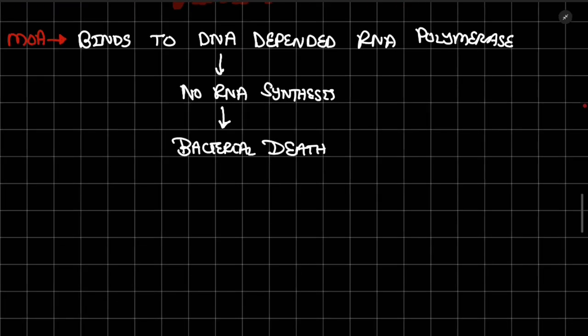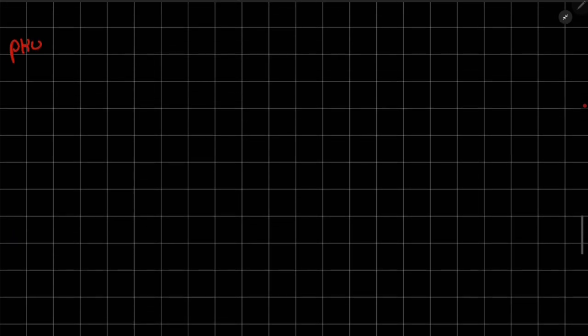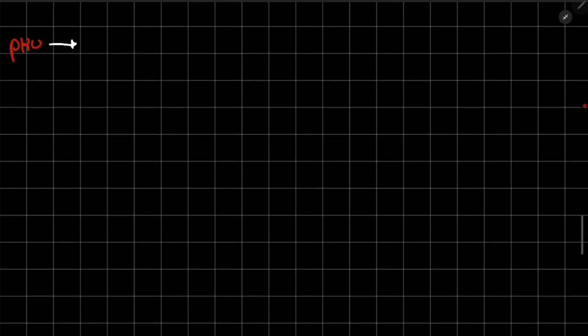Okay, now the pharmacokinetics. This was all about the mechanism of action. It binds to DNA dependent RNA polymerase, which inhibits the RNA synthesis, and it will further lead to bacterial death. Okay, the pharmacokinetics. So it is an oral drug.